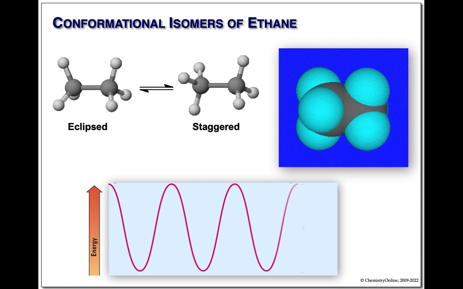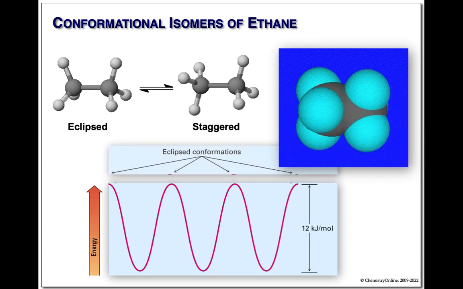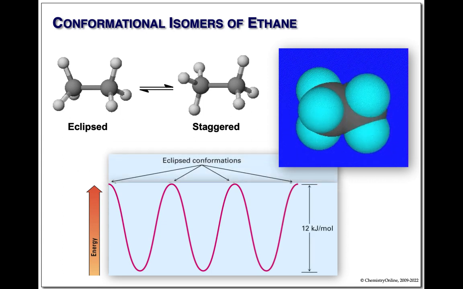And again, as we go around, every time we hit an eclipse conformation, it's about 12 kilojoules or a couple kilocalories difference. That means if we took this thing down to almost absolute zero, the more stable conformation, this guy would freeze out. So we could separate them, but we don't.